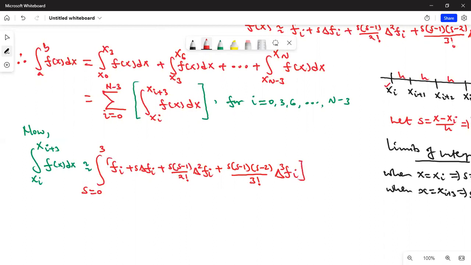Also replace dx, the same as h ds. So h is a constant, I can factor it out. Let me write ds here, and write h outside. So that's approximately equal to h times that integral. Now let's work out the integral.